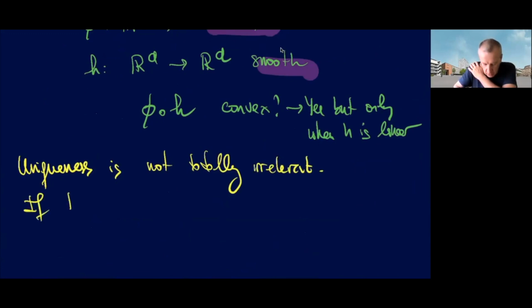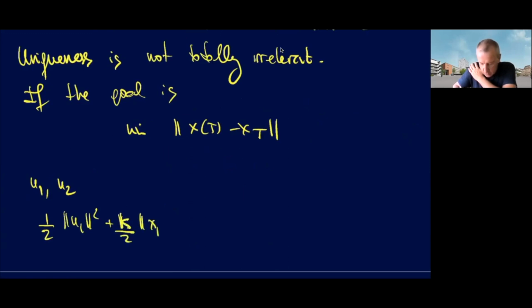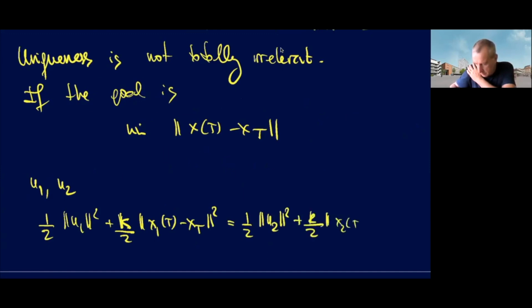If the goal is to minimize, for instance, x(T) minus x target, there could be two controls, u1 and u2, so that the combination of the two norms is the same, right?